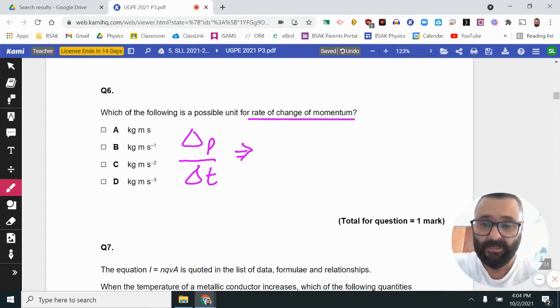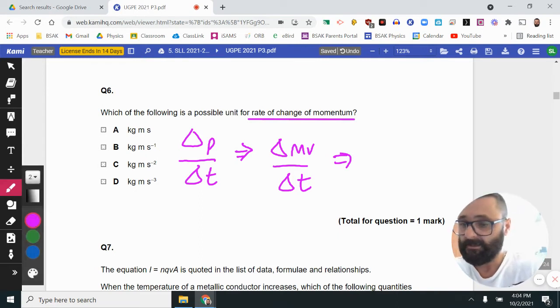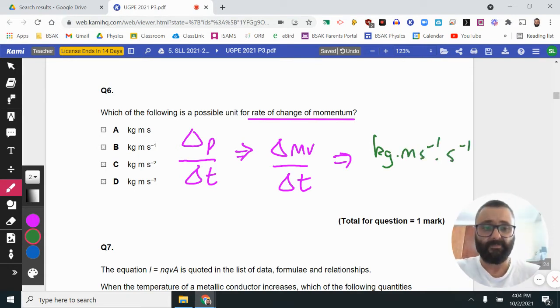So the change in momentum is mv over t. Units wise, we've got kilograms, meters per second, and then because we've got time underneath, another per second.